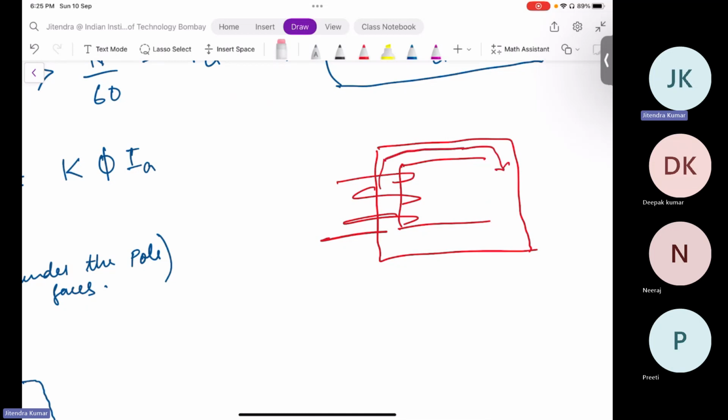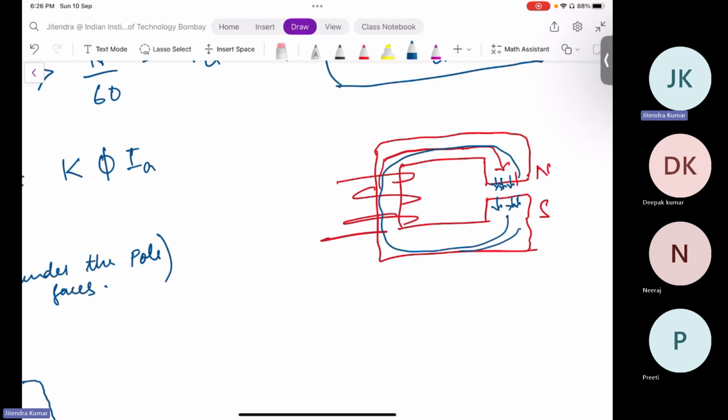And if you introduce an air gap here, it could act as a north and a south. Here the flux is leaving the North Pole, and this is entering the South Pole. It doesn't mean that flux is zero. Why? Because in the core there is finite flux.